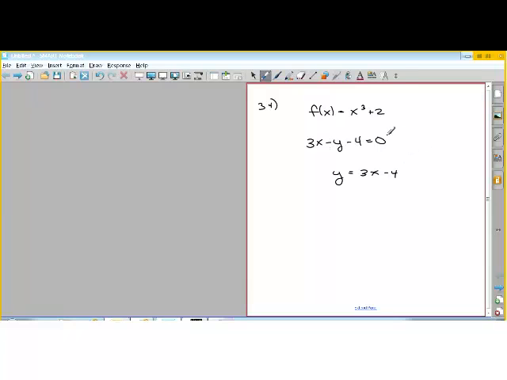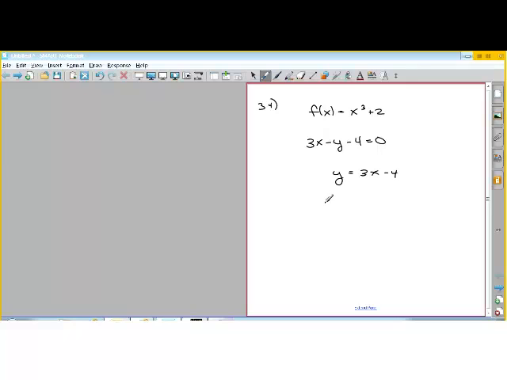I could take y to the other side and make it positive, and then have 3x minus 4. That'd be the easiest thing, then switch the sides. Or I can add y to both sides, subtract 3x on both sides, and I have negative y is equal to negative 3x plus 4, and then I divide everything by -1, and I get that.